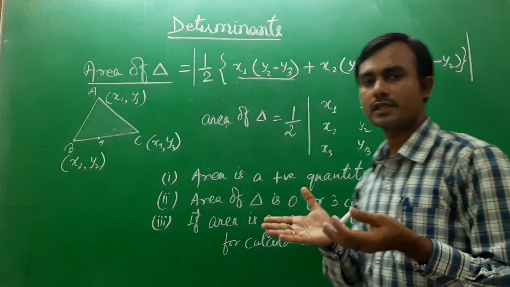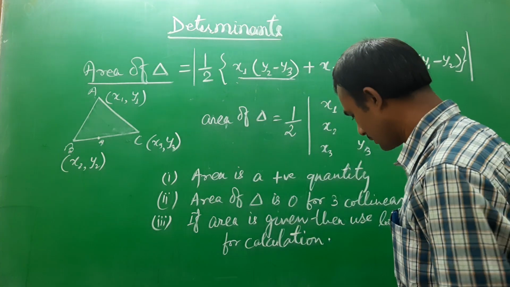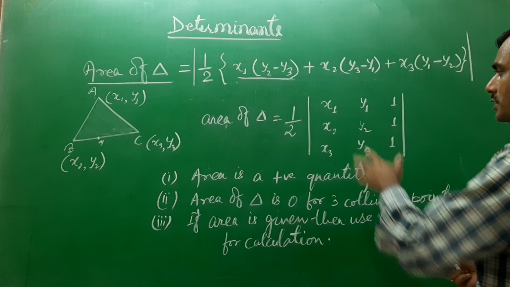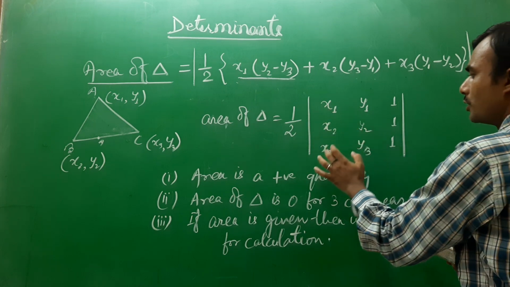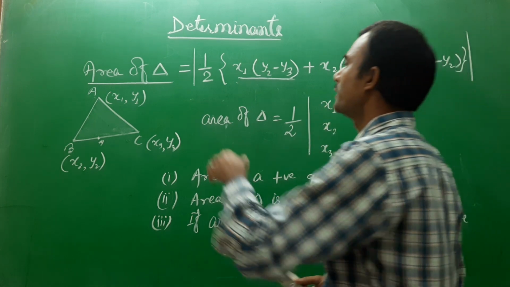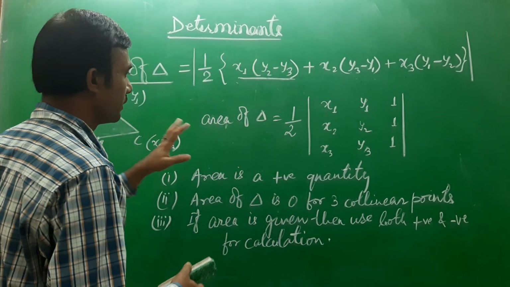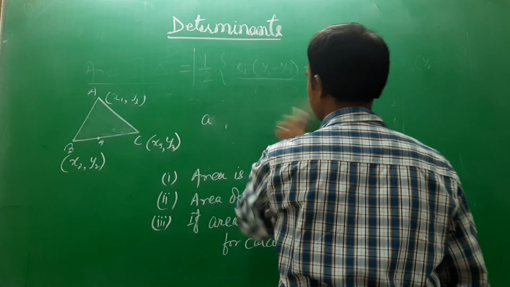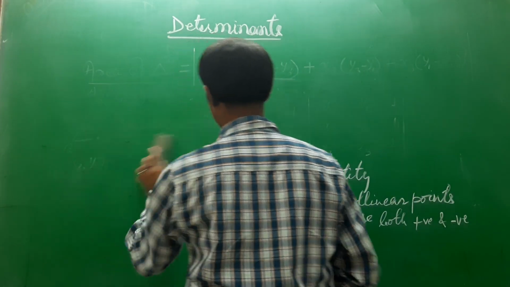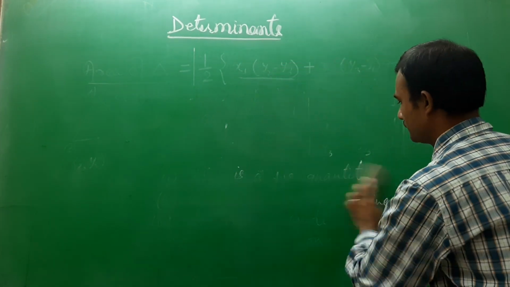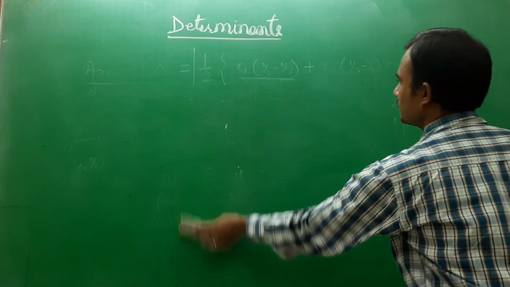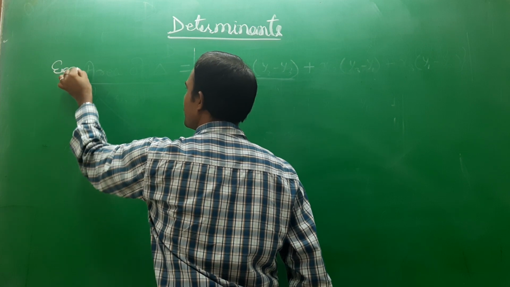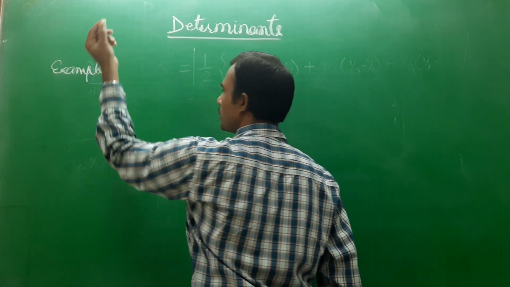All this we can understand with the help of some examples. So let's start with the example. But here you must concentrate on how we put the values of the vertices x1, y1, x2, y2, x3, y3. So I am starting with one example in which I am going to find the area of a triangle.